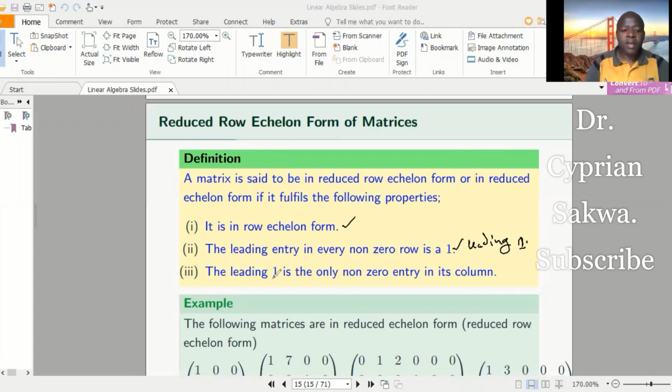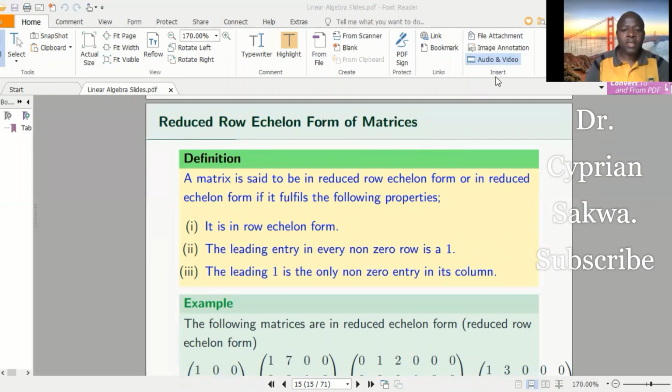And then that leading one must be the only non-zero element, or entry, in its column. If the matrix fulfills these conditions, we say it is in reduced echelon form or reduced row echelon form.